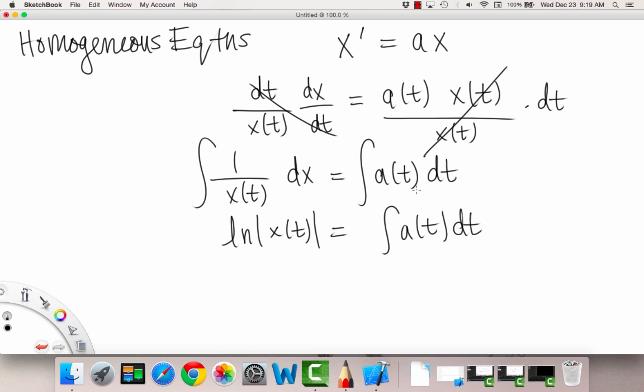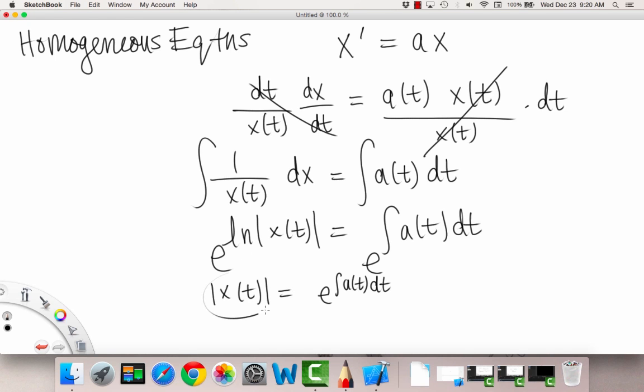As we continue and solve for our x of t, we would just exponentiate both sides, okay, and we have our absolute value of x of t. We've gone through this in previous problems as well. We've worked through the whole thing. So we get e to the integral of a of t dt.